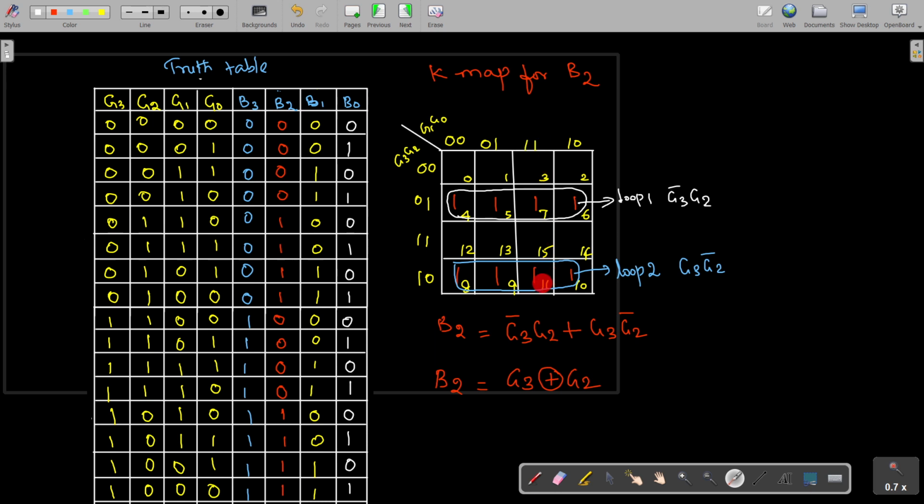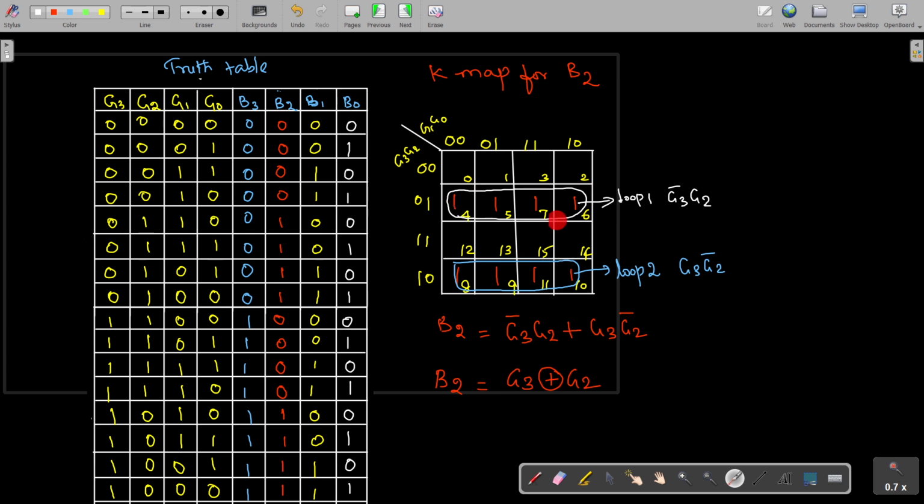Okay, that is 11. Then for this one, it is 1001, that corresponds to this 9. And finally, for this one, it is 1000, that means 8, isn't it? So we have this as 8. So we are placing ones here.